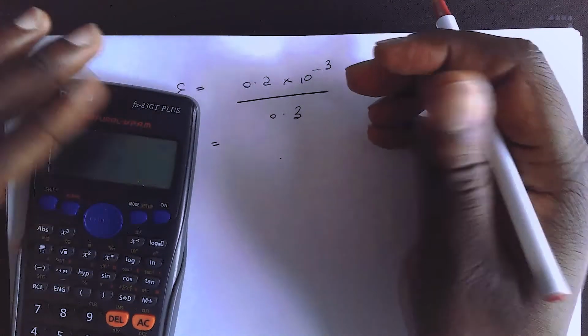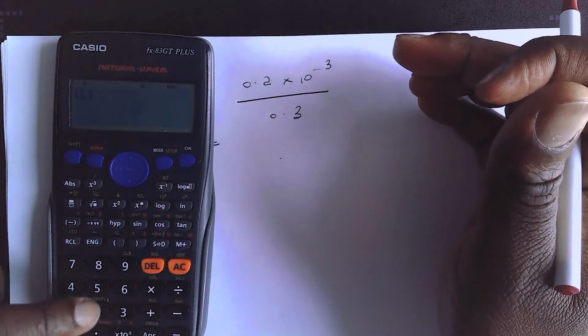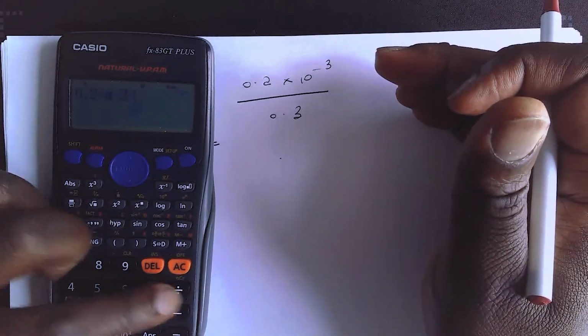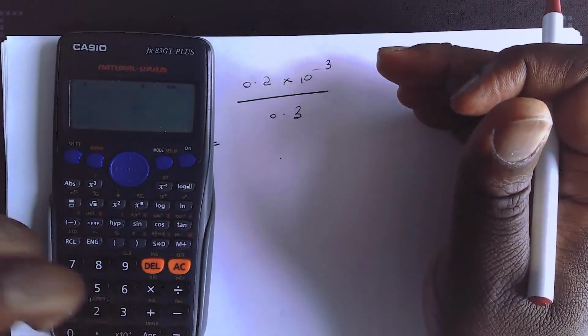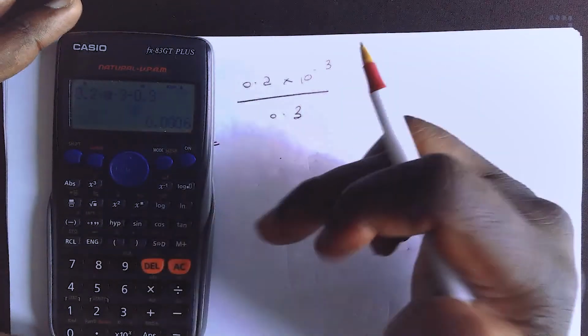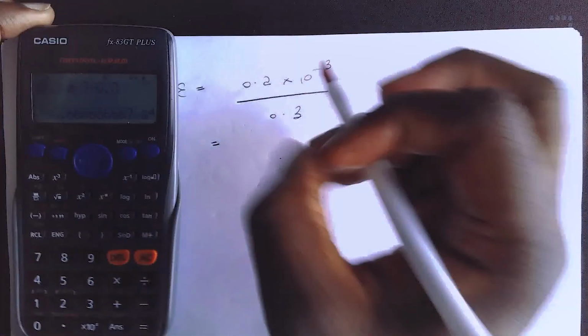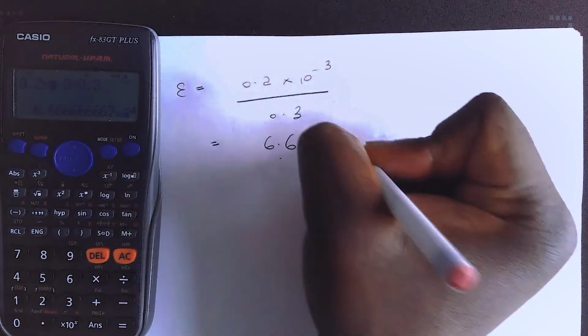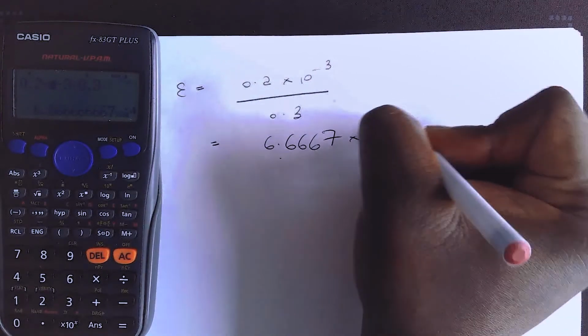So we do the computation: 0.2 times 10 to the power minus 3 divided by 0.3. And that gives 6.6667 times 10 to the power minus 4.